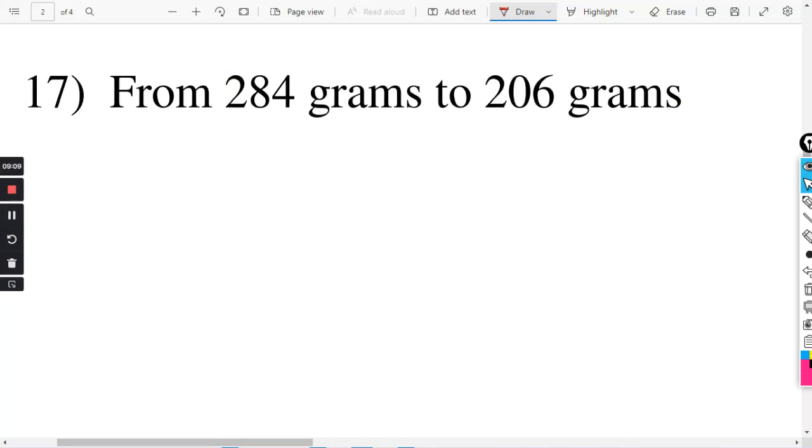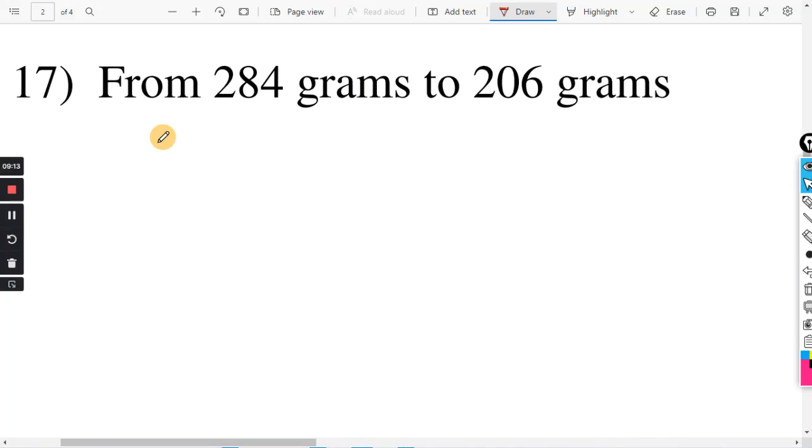All right, last one. Why don't you pause and try number 17? Okay, we can see going from 284 to 206, that is clearly a decrease.